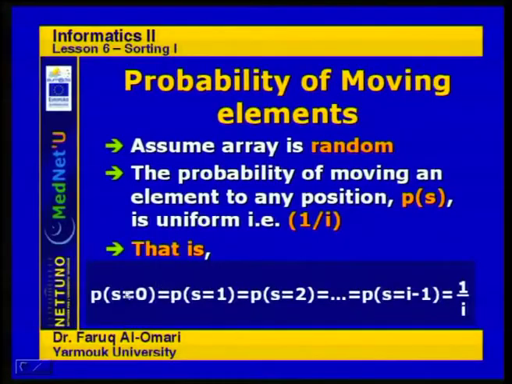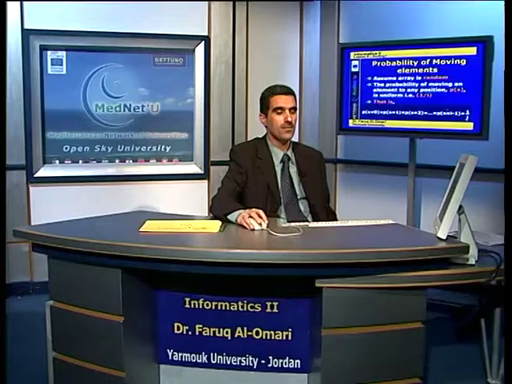That is, the probability of the event of going back 0 times equals the probability of going back once, twice, 3 times, or I minus 1 times. And in all cases, this probability is simply 1 over I, 1 over the total number of possibilities.